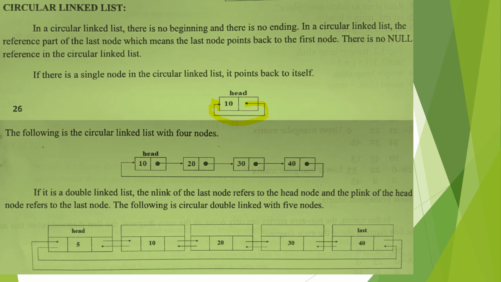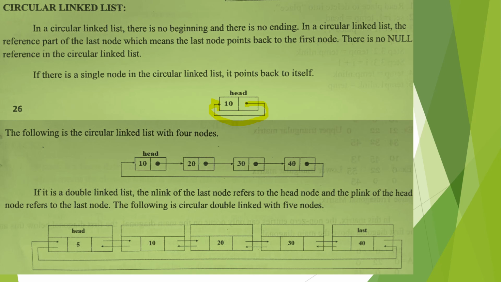In a circular linked list, there is no beginning and there is no ending. The reference part of the last node points back to the first node. There is no null reference in the circular linked list, since the last node holds the address of the first node.